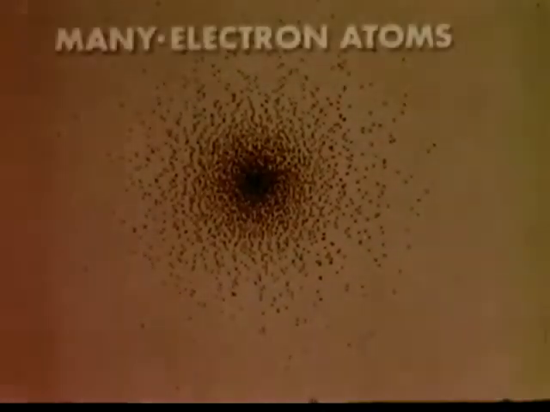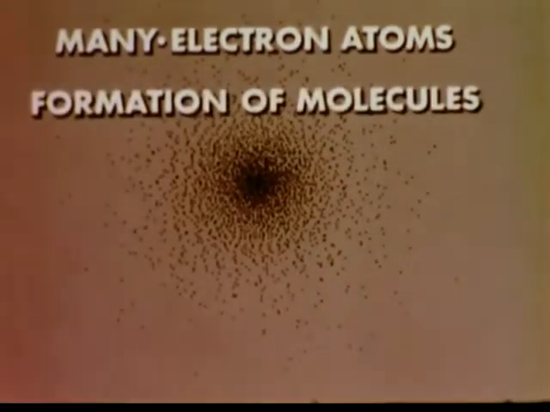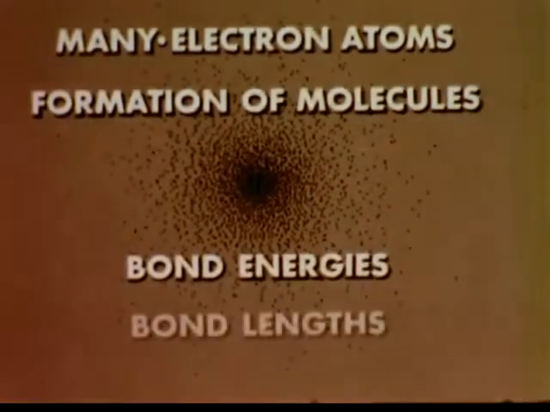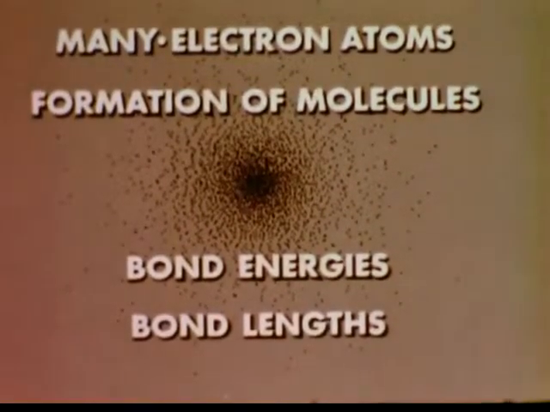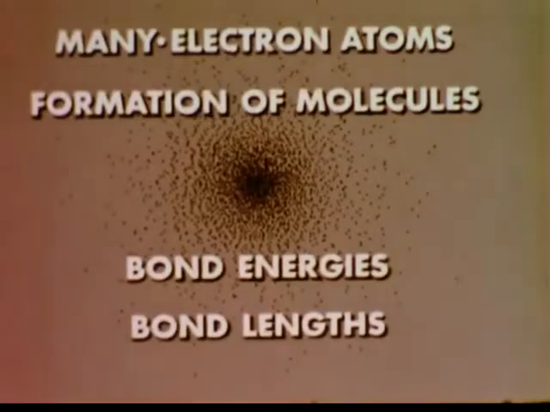Chemists have found that quantum mechanics also explains many other concepts of chemistry, such as the energy levels of many electron atoms, the formation of molecules, bond energies, and bond lengths. These successes prove the usefulness of the quantum mechanical view of the atom.